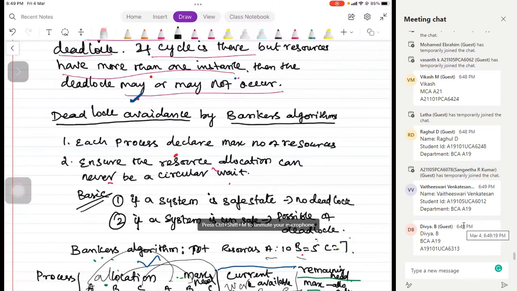சரி, deadlock avoidance by Banker's algorithm எப்படி அவாய்ட் பண்றது, வராம தடுக்கணும், அப்படித்தானே? அதான் நல்லது இல்லையா?